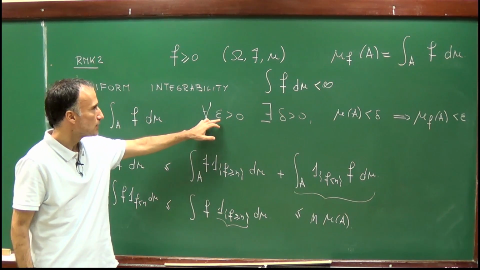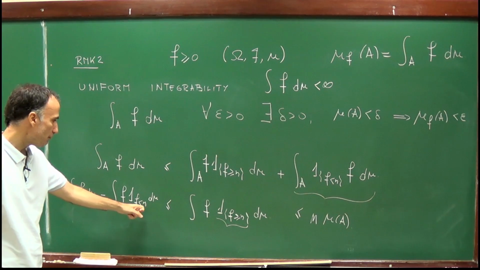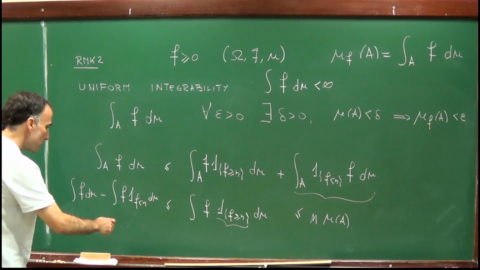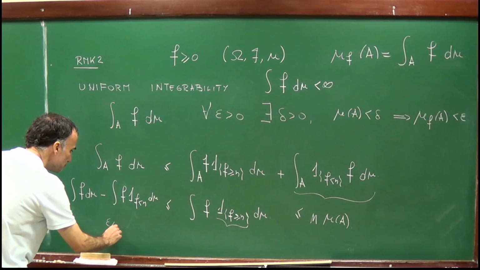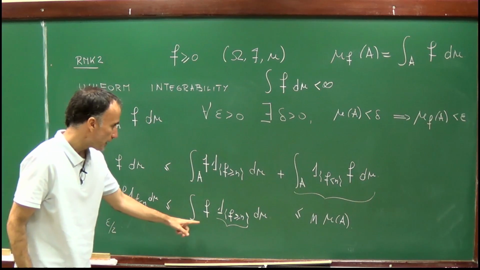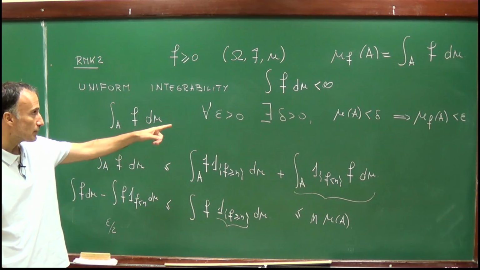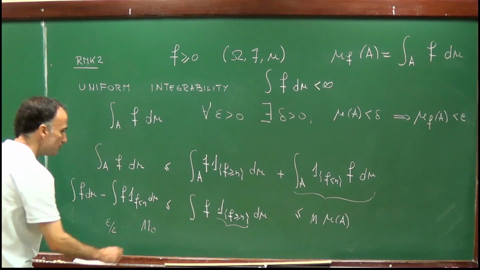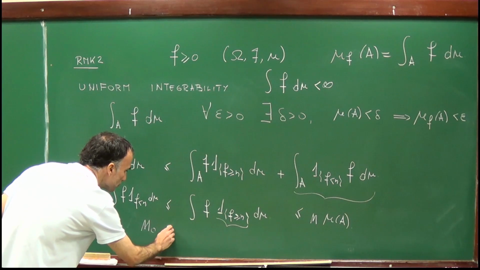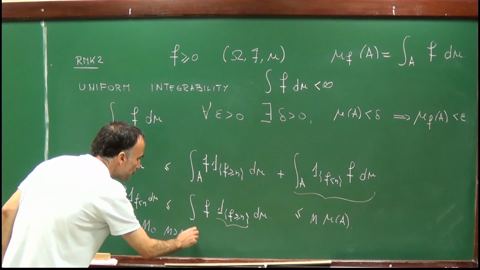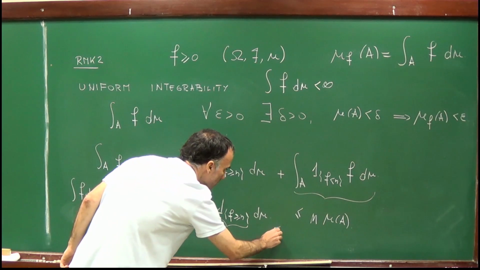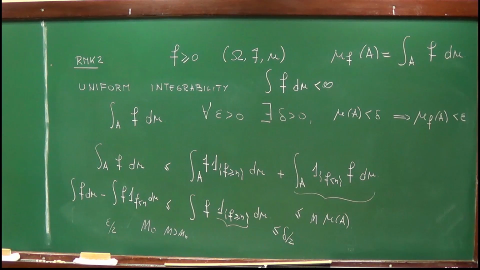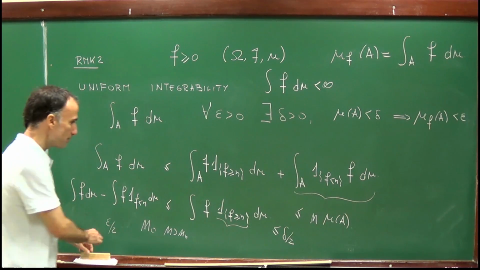Therefore, if I fix some epsilon positive, I can find some integer n such that starting from it, this difference is smaller than epsilon over 2. So I just proved that for that fixed epsilon, I can find a finite integer n_0 such that if n is larger than n_0, then this first piece is smaller than epsilon over 2.